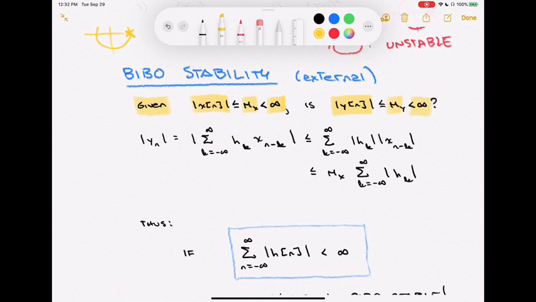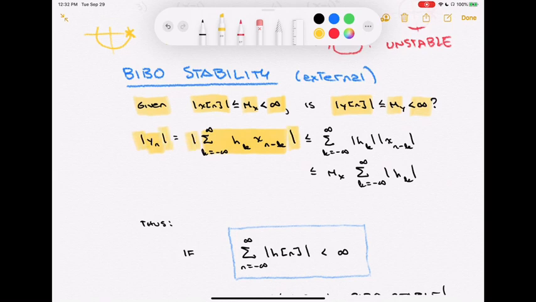So this is about looking at stability purely from an external standpoint. We're only looking at this by applying an input. We aren't really getting to see what's going on inside the system. Well, what do we know about y, the output of the system? We can get the output through the convolution sum. I've drawn that where I flip and shift x instead of h. If I want the magnitude of y, I just take the magnitude of that convolution sum.